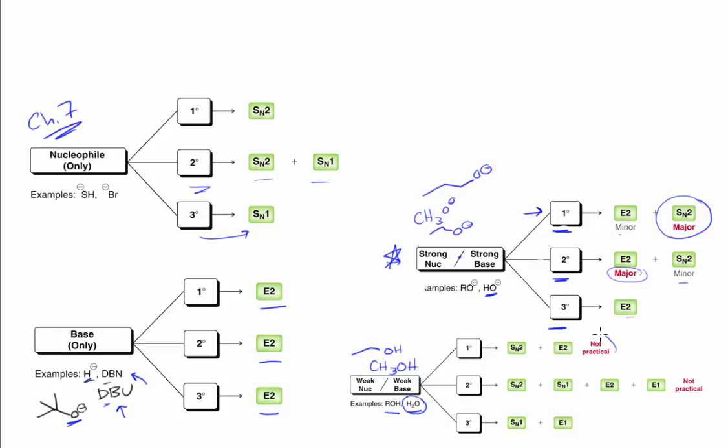And you'll see that primary and secondary substrates are really not practical to react in this manner. So we're not going to ask you to predict the outcome of primary and secondary. There may be a case where we give you this reagent and we give you the product. Let's say we imply that it's SN2 by our product. We might ask you for the mechanism, but I wouldn't ask you to predict which reaction is going to take place if we have a primary or secondary.